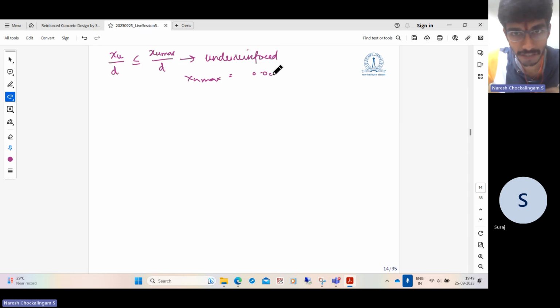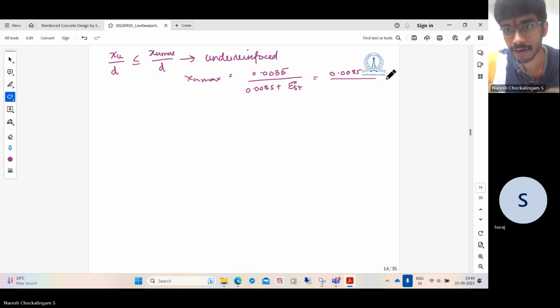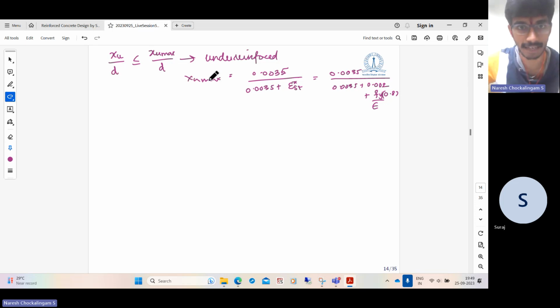In that case, it is the ratio of strains: 0.0035 divided by 0.0035 plus the limiting strain in steel, where epsilon st is 0.002 plus 0.87 Fy by E. Compute this value, and that will be the limiting XU max, the value that should not be exceeded if the section is under reinforced.